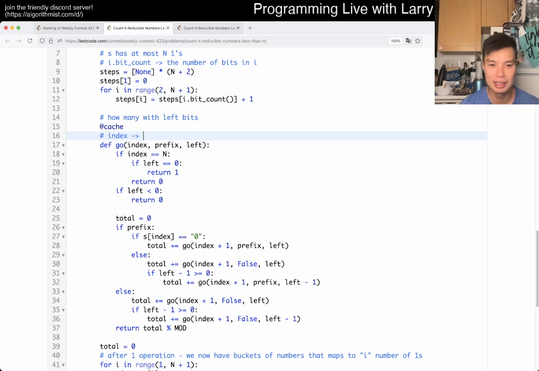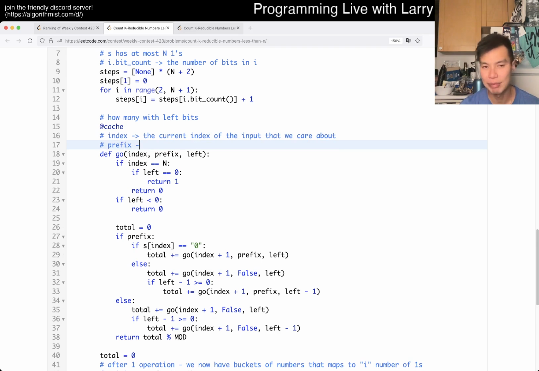But index is just the current index of the input that we care about. Another way to say it is that we finish the prefix of the index, and the prefix is the same thing as in digit dynamic programming. It's just whether we're matching the prefix until now. I'm kind of skimming over this part, but I shouldn't.